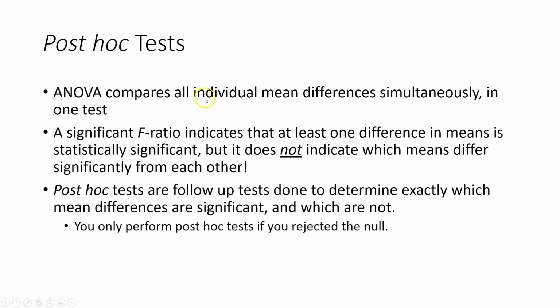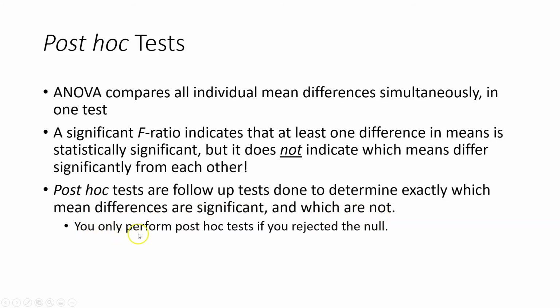Remember, the ANOVA compares all the individual mean differences simultaneously in one test. So all the four groups' differences are compared at once, and we have one alpha level, but a significant F ratio indicates that at least one difference in the means is statistically significant, but it doesn't tell us which means differ significantly from each other, and so we run these post hoc tests to tell us which mean differences are significant and which ones are not.